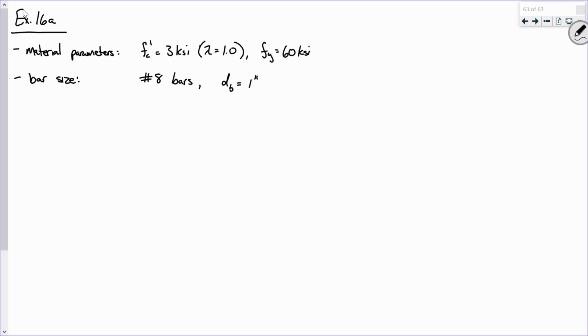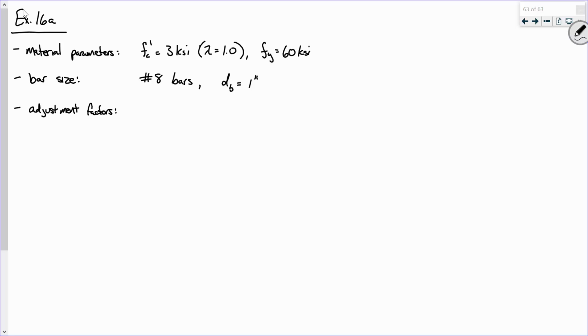Okay. Now our adjustment factors. This involves going into the code, or in this case you can go into the slides, and we're going to take each one of these one at a time.